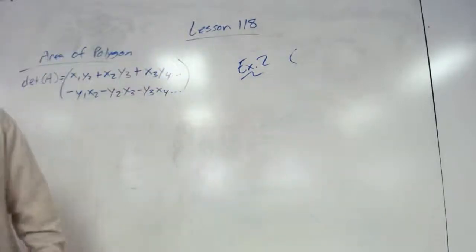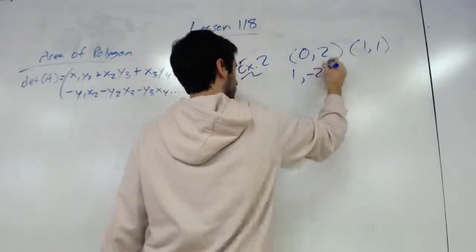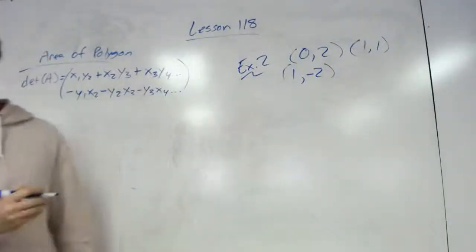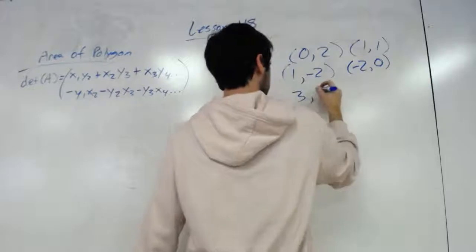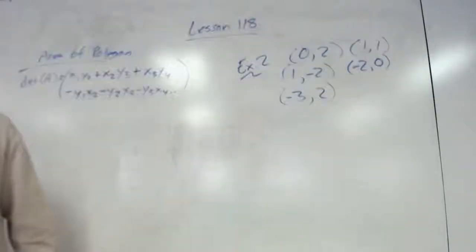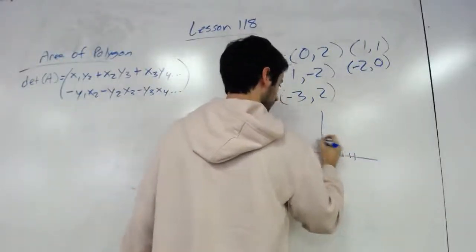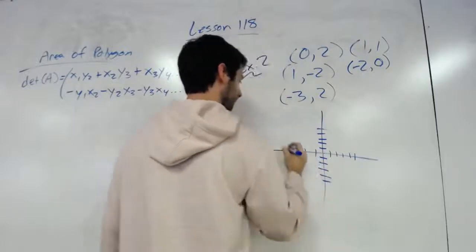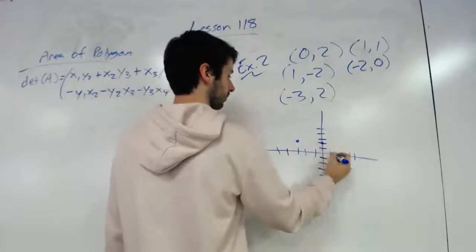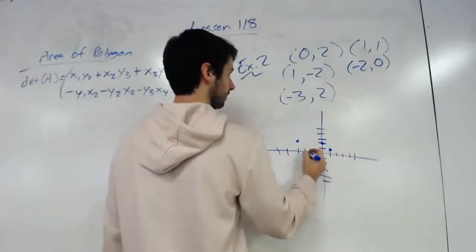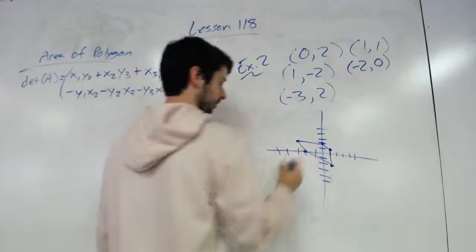We have 0, 2, 1, 1, 1, negative 2, negative 2, 0, and negative 3, 2. So if I graph that real quick, my polygon would look like negative 3, 2, 0, 2, 1, 1, negative 2, 0, and 1, negative 2. Okay, so there's my polygon.